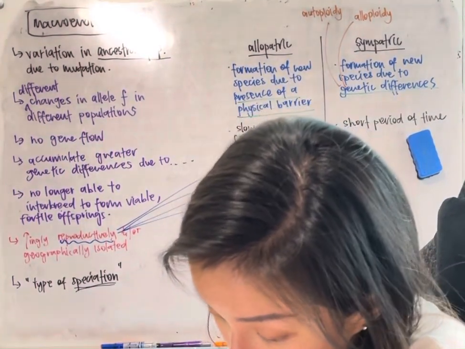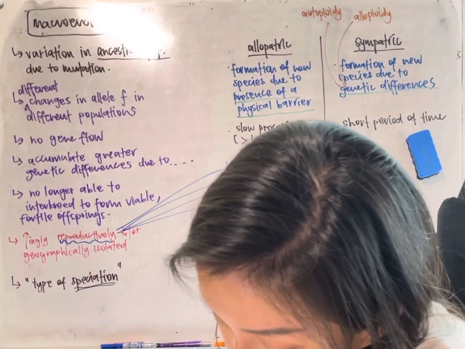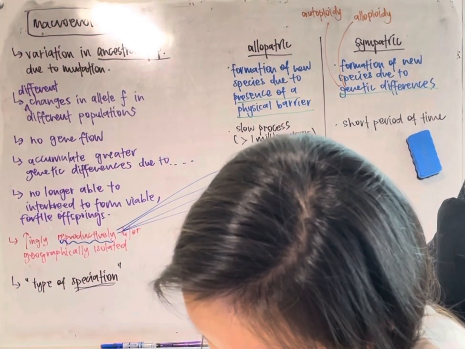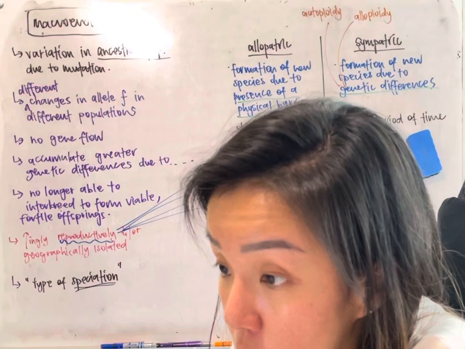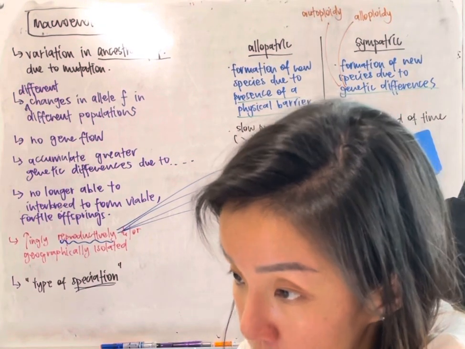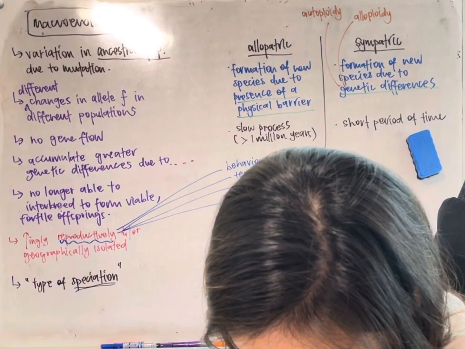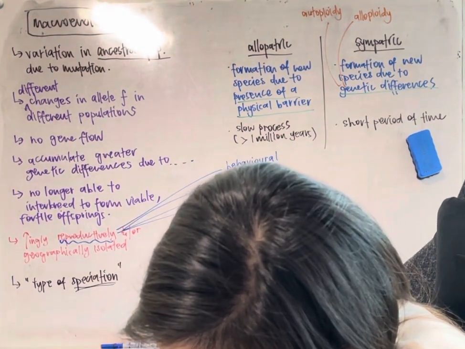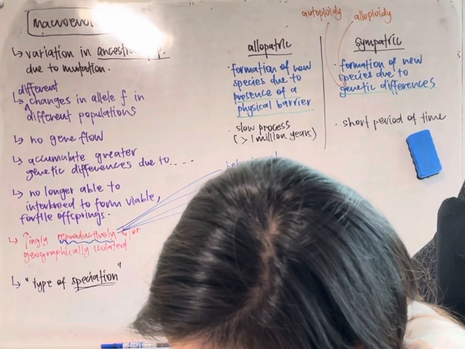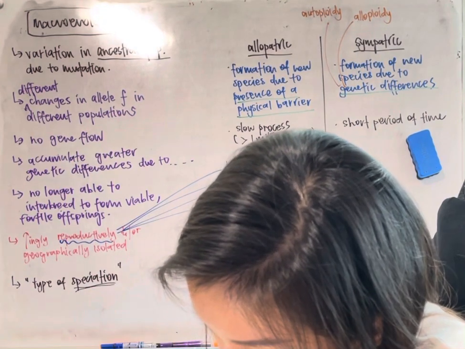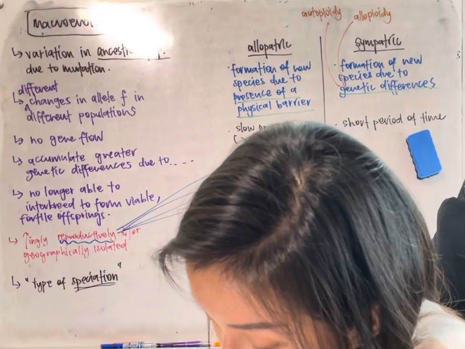Alright? Next one, you should know already, adaptive radiation is the keyword. Variation in ancestral species due to spontaneous mutation. And then they colonize different ecological niches. Fine, I'll give you the one more here.